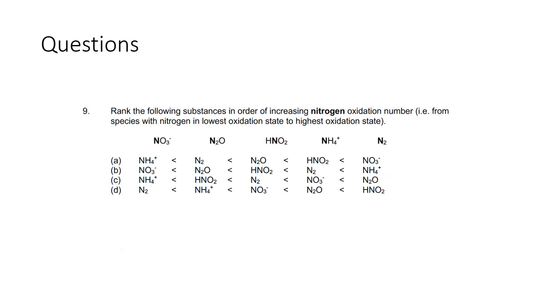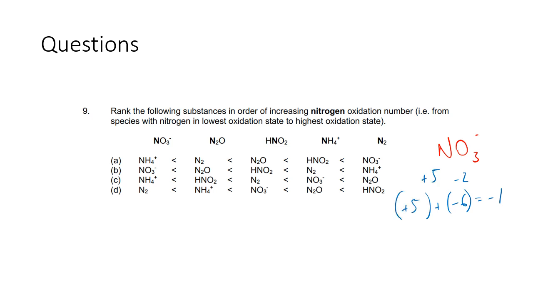Let's move on. This is a question from an exam. Rank the following substances in order of the nitrogen oxidation number. Let's try them all real quick. I'm not going to say anything, I'm just going to write down what you would do to solve it, and you can look at it later and work out what I'm doing.